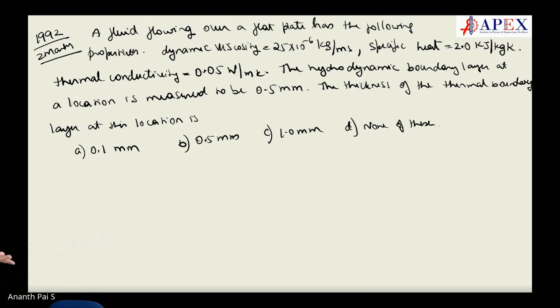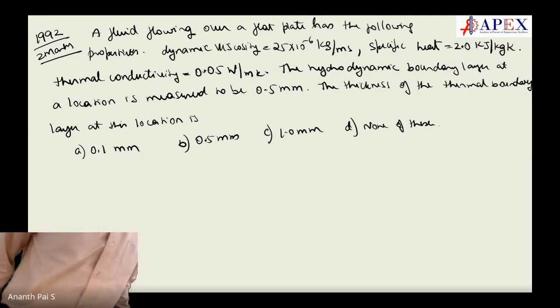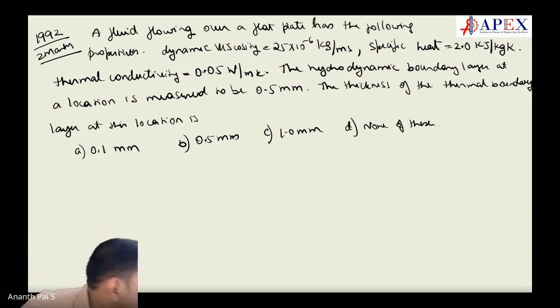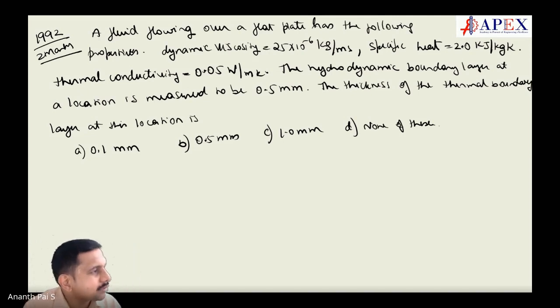If Prandtl number is equal to 1, then you can calculate. If Prandtl number is not given, then you know the relation: delta T is equal to delta divided by Prandtl raised to 1 by 3. That you remember, and you can get the answer. Everybody got Prandtl number equal to 1.